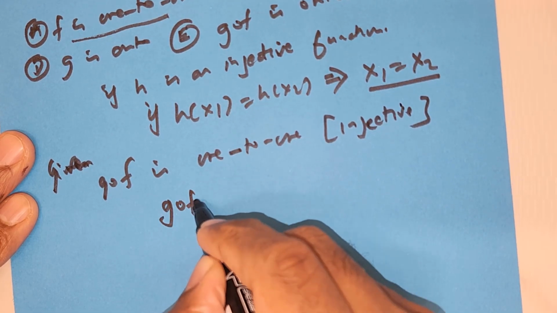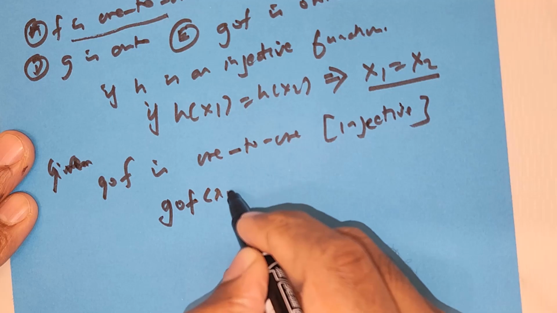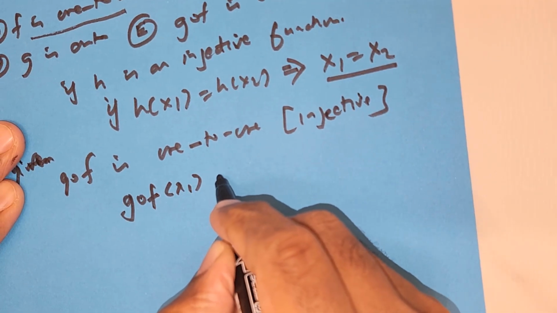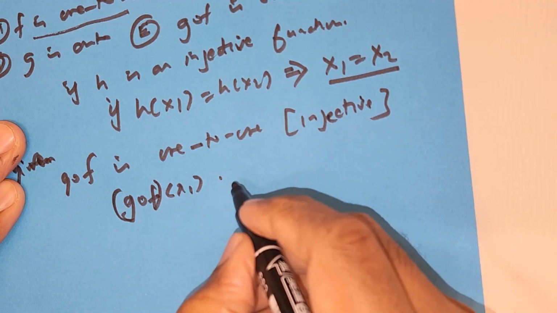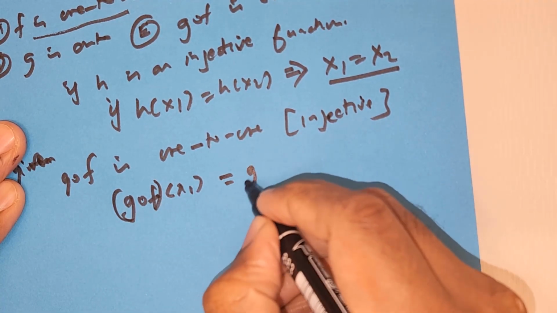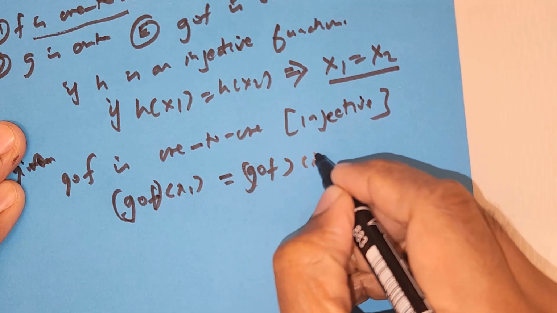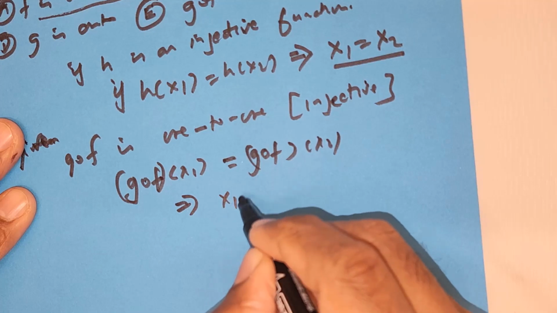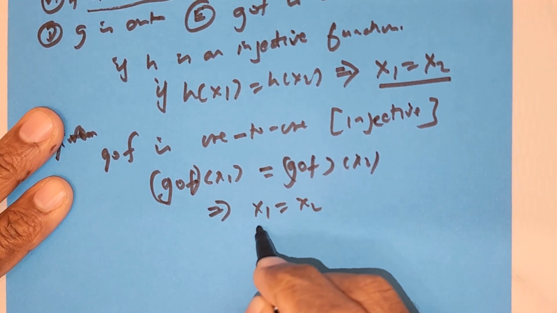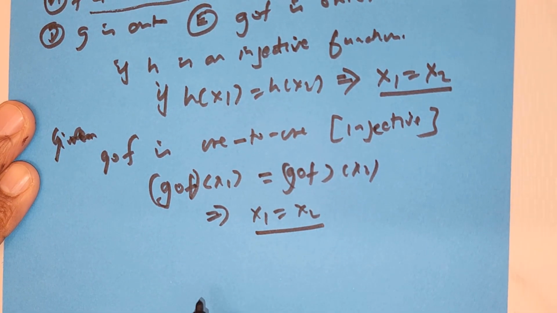This means if G of F of x1 is equal to G of F of x2, then x1 should be equal to x2. That is the outcome.